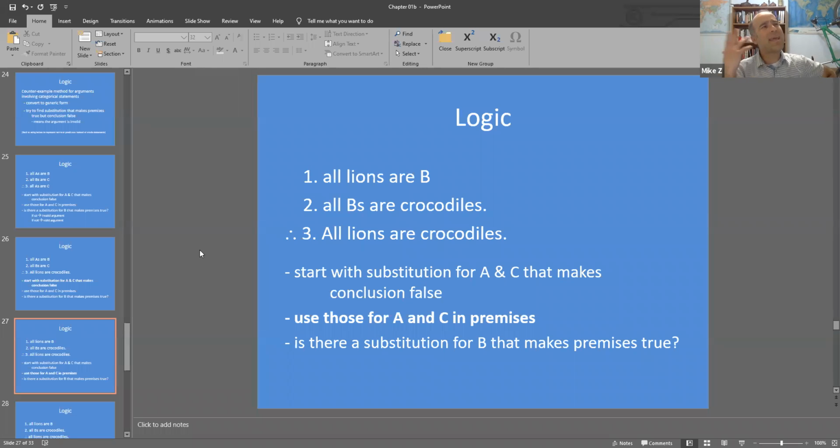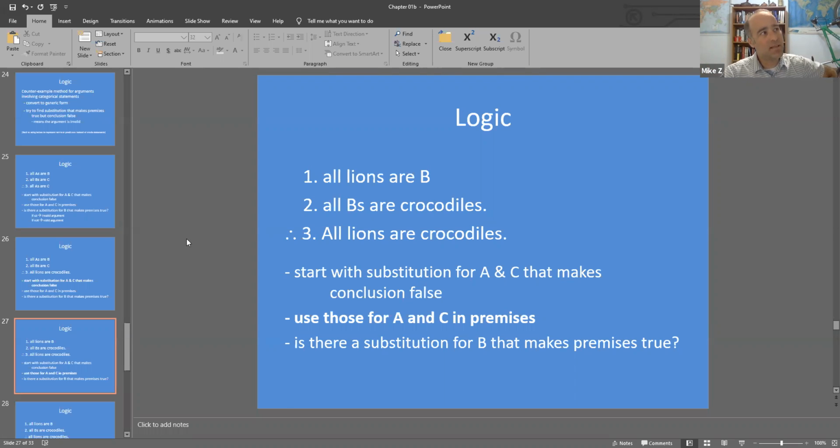Now, is there anything we could substitute in for B that would make those premises come out true? Well, let's see. All lions are fierce. So all fierce things are crocodiles? No, that's not going to work. All lions have hearts. So all things with hearts are crocodiles? No, that's not going to work out.